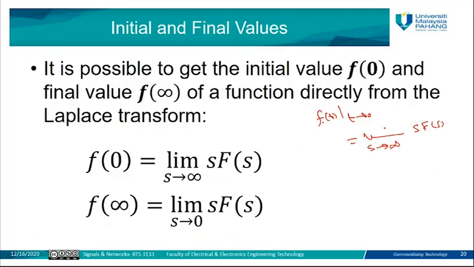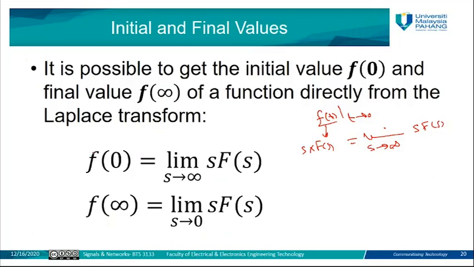So if you want to find the value of f(0) by using the Laplace transform, you need to find this limit. That means you convert f(t) into F(s), then multiply by s, then substitute s by infinity.